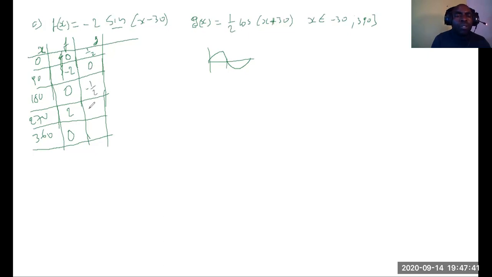What is cos 270? Should be 0. And the 360 should be 1, then a half. Now we go to our modification. If we go to the modification, everything will be moved by this one.